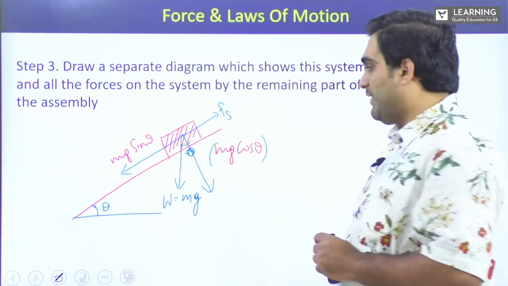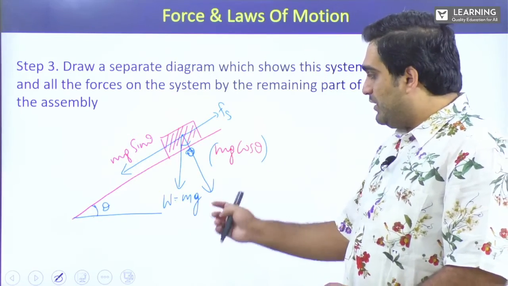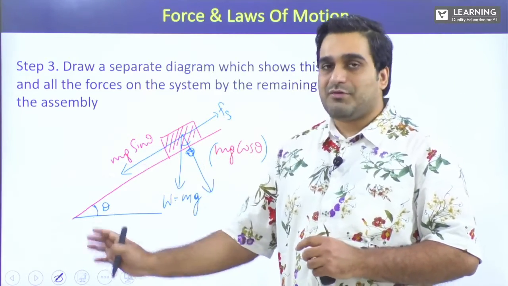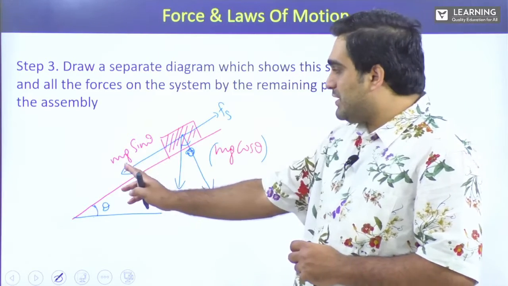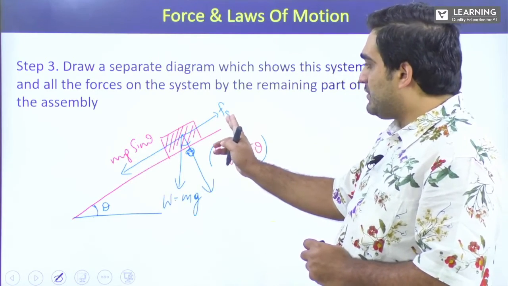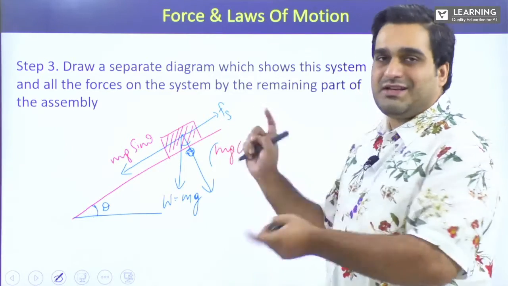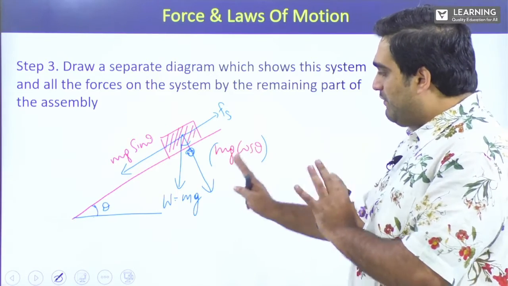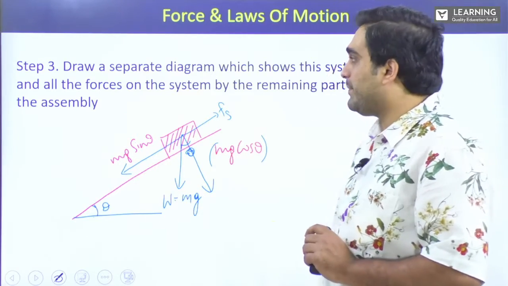We've identified two different components for a given weight: one is mg cos theta and the other is mg sin theta. Mg sin theta and F of S, the static friction, are opposite in direction to each other. So now we have identified the multiple forces acting on this block.